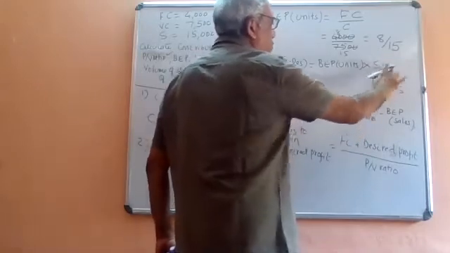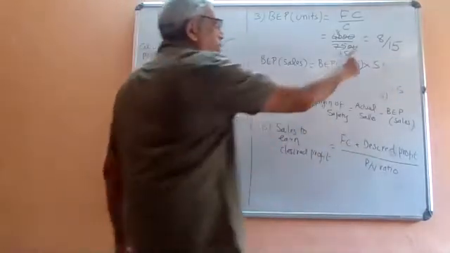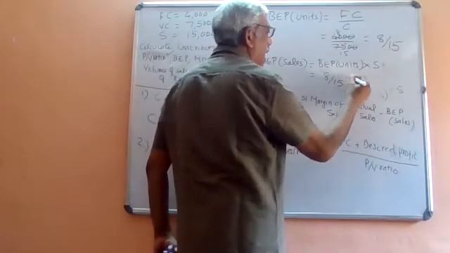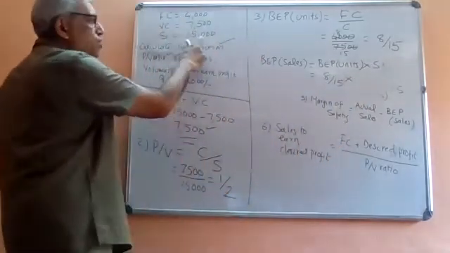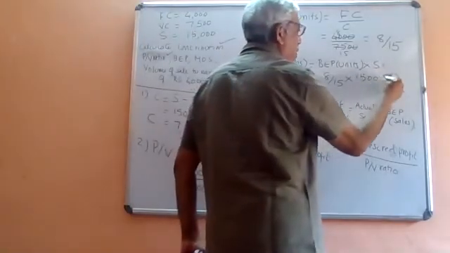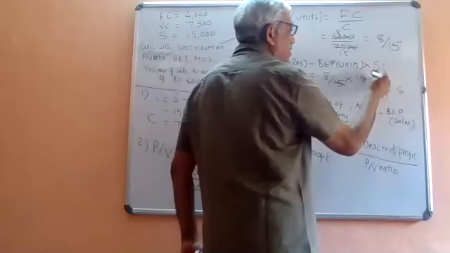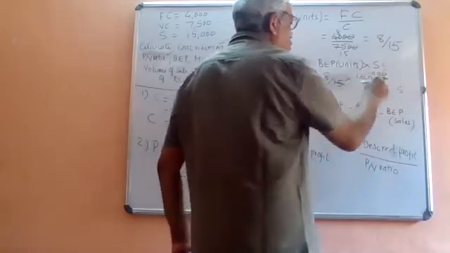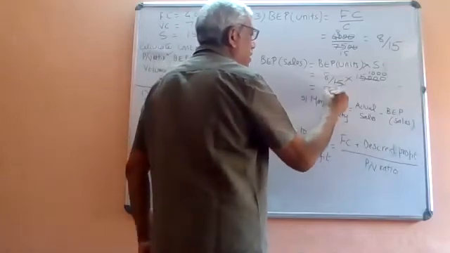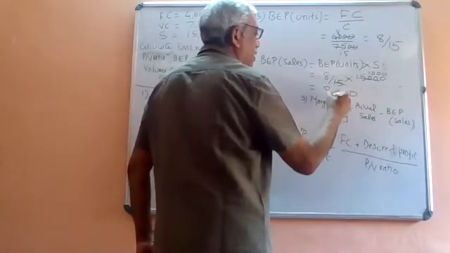Break-even point units is 8 by 15, and your sale is 15,000. 15,000 divided by 15 is 1,000, and 1,000 into 8 is 8,000. So your break-even sale is 8,000.